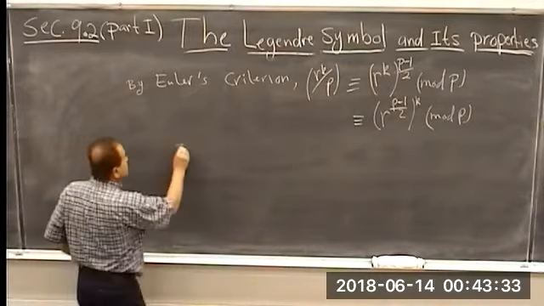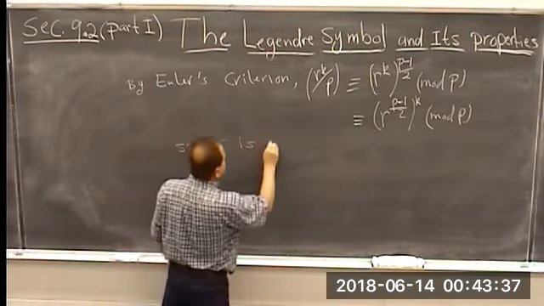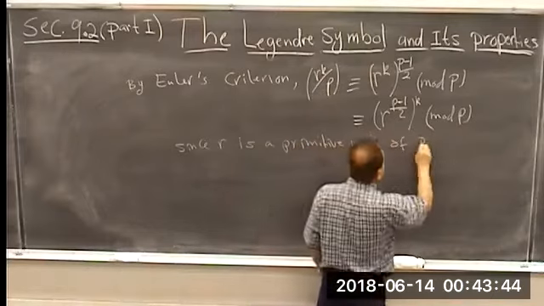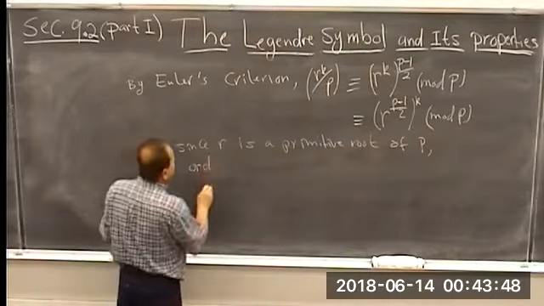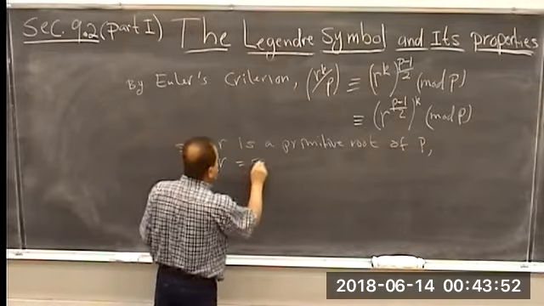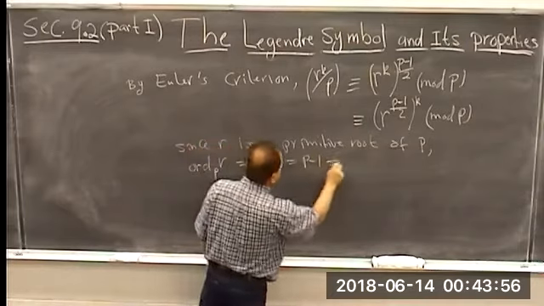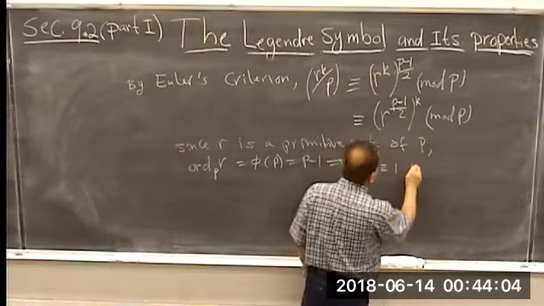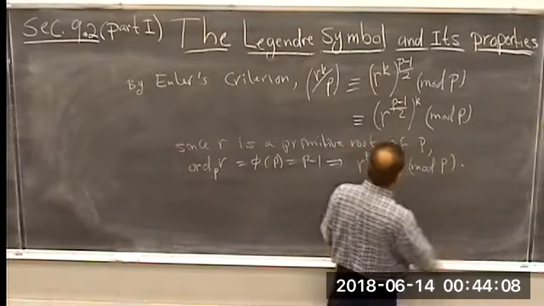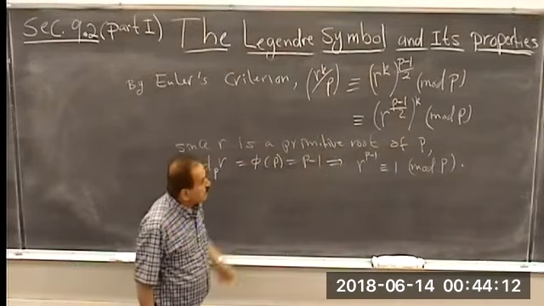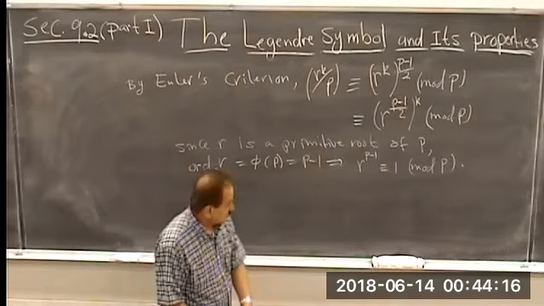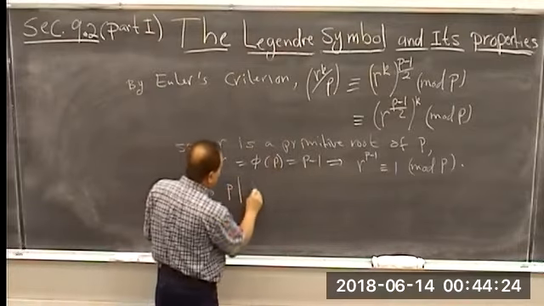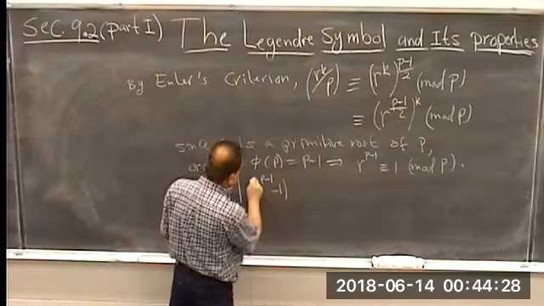Since R is a primitive root of P, the order of R mod P is phi of P, equal to P minus 1, and this gives us the congruence R to the power P minus 1 is congruent to 1 mod P. Now this implies also P divides R to the power P minus 1 minus 1.